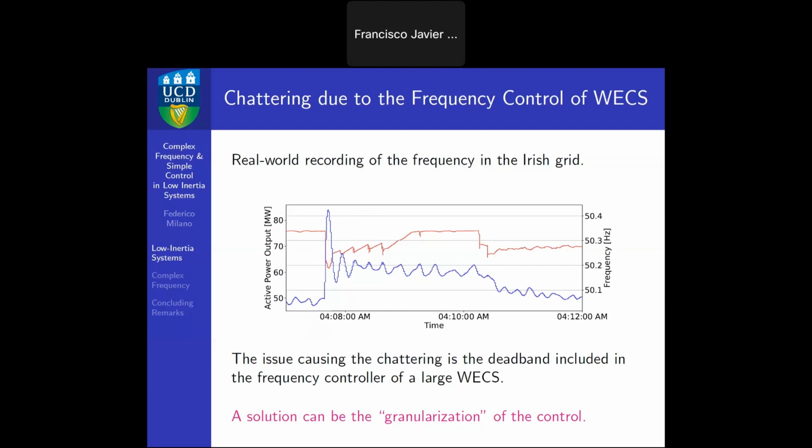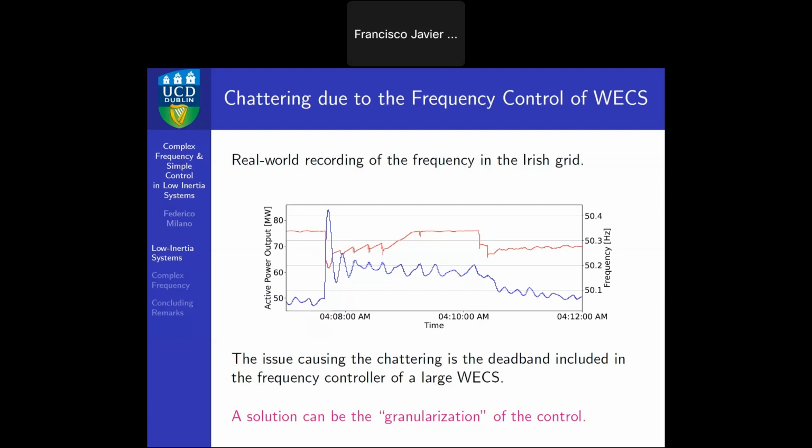But as soon as that happened, the controller would stop. At that point, the frequency would go outside the dead band again, and the controller would act again. So this was a sort of flapping or cycling, called flapping in many control applications, that is due to the dead band.